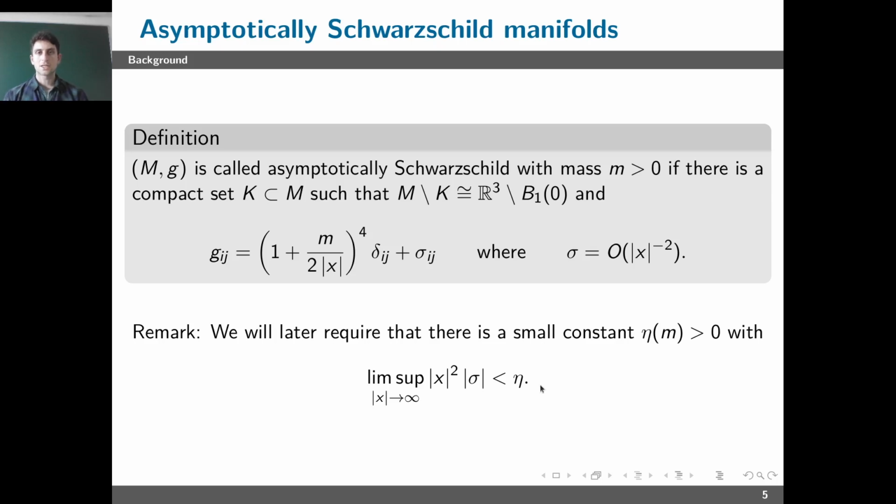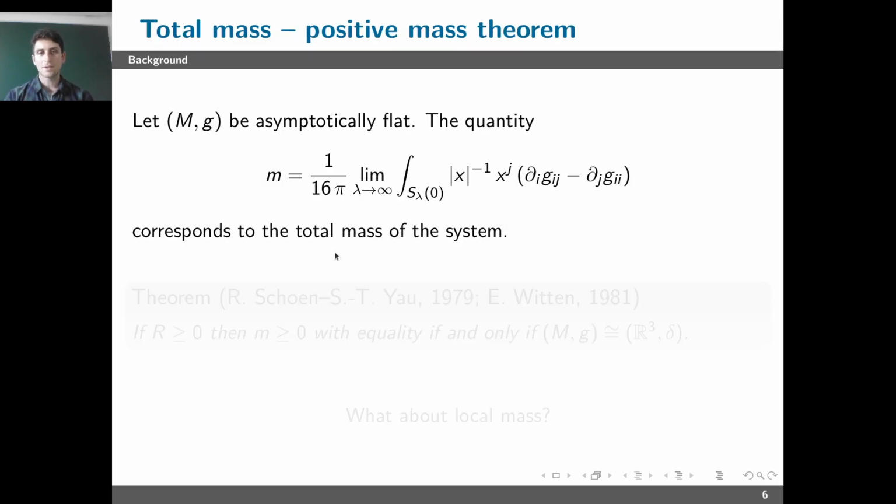Alright, so for the Schwarzschild space, we've seen this parameter m, which corresponds to the mass of the black hole. And also over here we have this number m, which somehow corresponds to the mass of this space. And if you have a general asymptotically flat manifold, it turns out that there's also a well-defined notion of total mass, which is given as 1/(16 pi) times the limit of the following flux integral over a large coordinate sphere as the radius of this coordinate sphere tends to infinity.